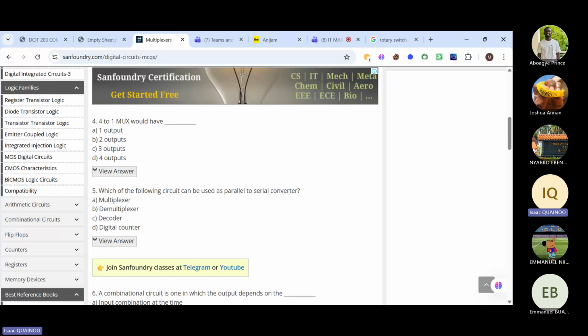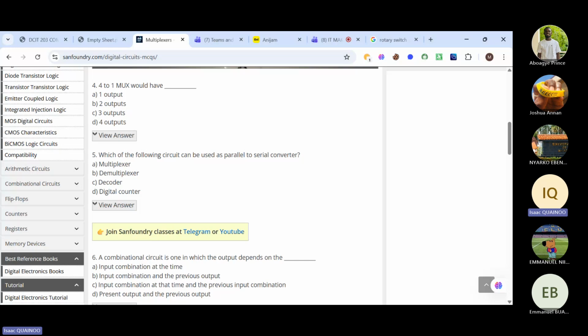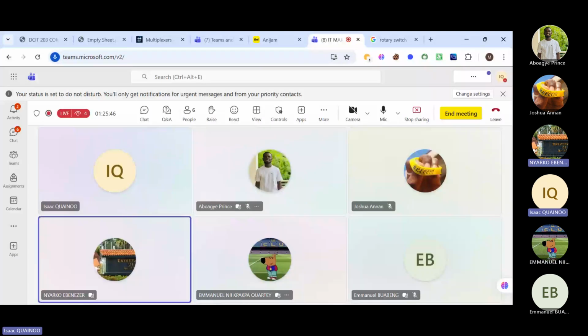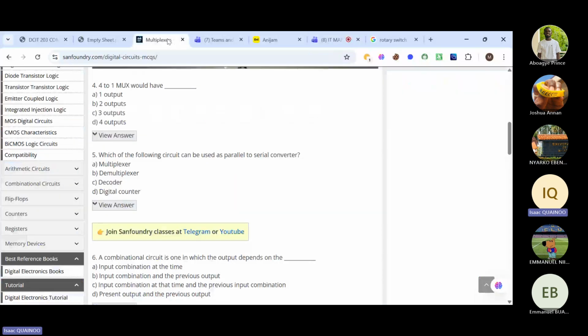A 4:1 mux would have A, 1 output, B, 2 outputs, C, 3 outputs, D, 4 outputs. Who is going for 1? Exactly, 1 output is correct because you said that 4 is the input, 1 is the output.